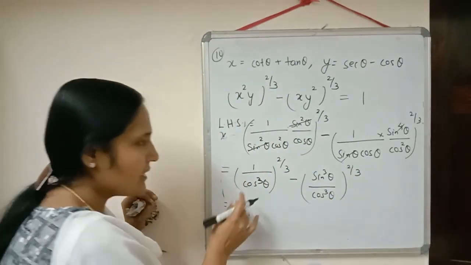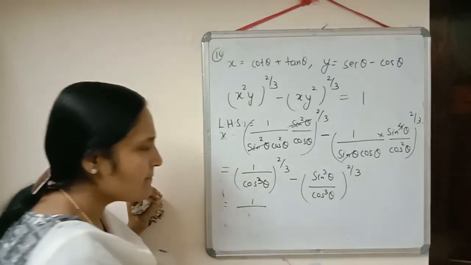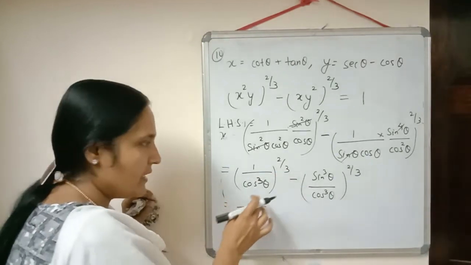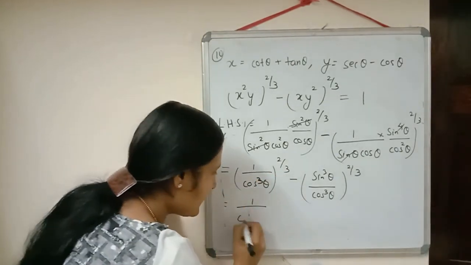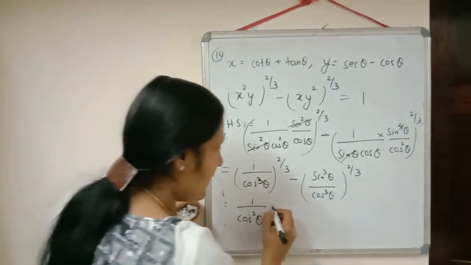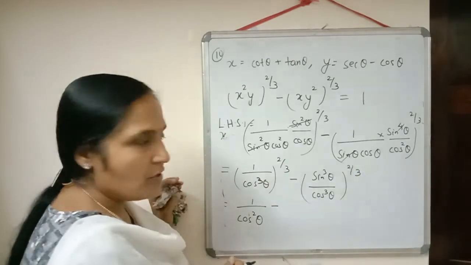Now 1 raised to 2 by 3 is equal to 1 only, by cos cube theta whole raised to 2 by 3. Again the 3 and 3 will get cancelled. Remaining is cos square theta minus sin cube theta whole raised to 2 by 3.